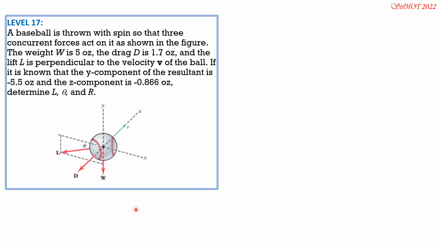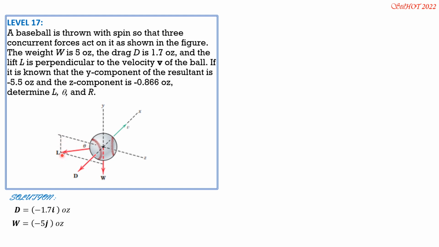in vector form. So the drag force with magnitude of 1.7 ounces is in the negative x direction, so negative 1.7i. The weight is in the negative y direction, so it is negative 5j ounces. Then the lift is along y, this one.